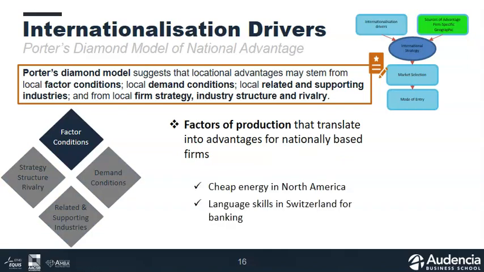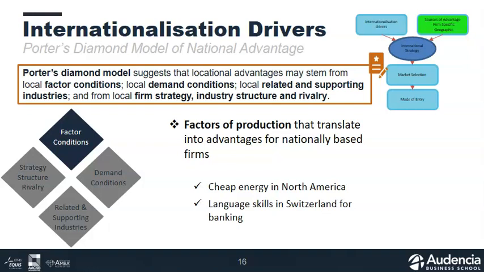Factor conditions look at factors of production. Certain factors of production in a nation may provide a certain advantage. For example, if you go into some of the northern European countries, or if you go to North America, energy is very inexpensive. So if your production relies a lot on energy, being based in North America, in some of the northern European countries, or for electricity, for example, in Canada, provides you with an advantage.